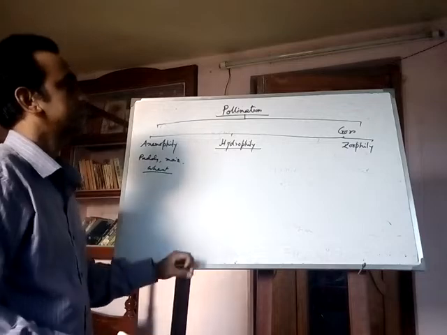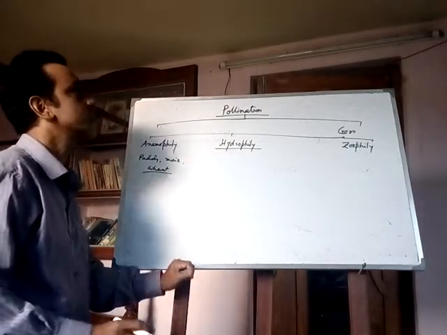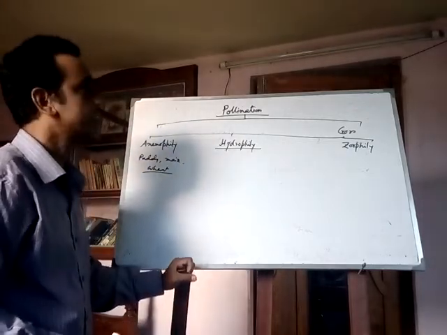Examples of hydrophilous plants are Hydrilla, Vallisneria, etc.